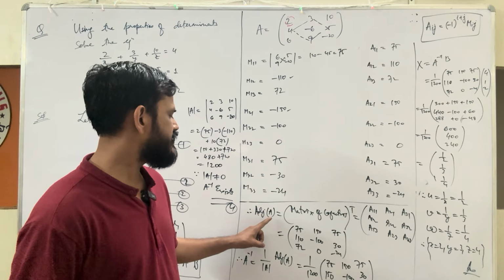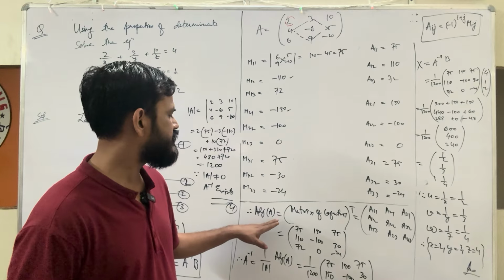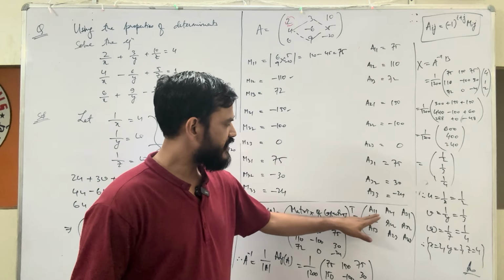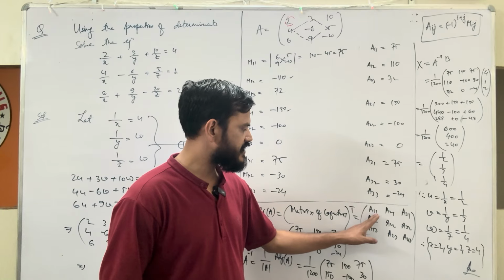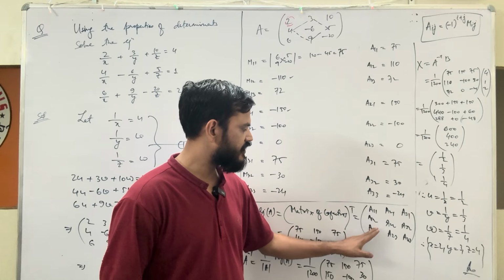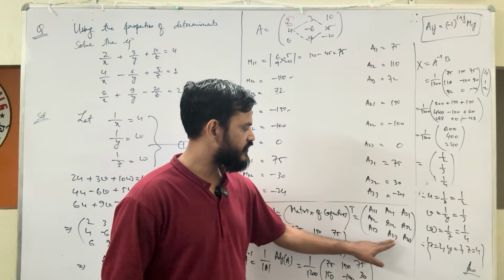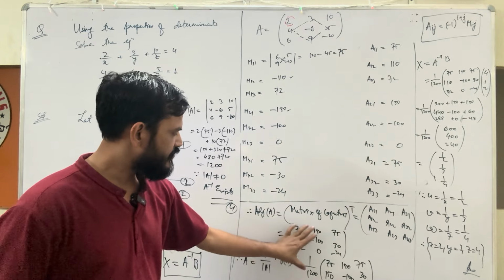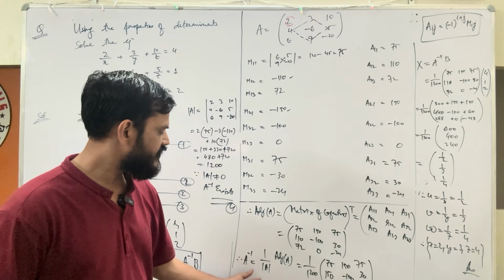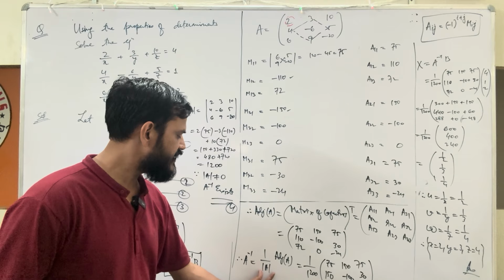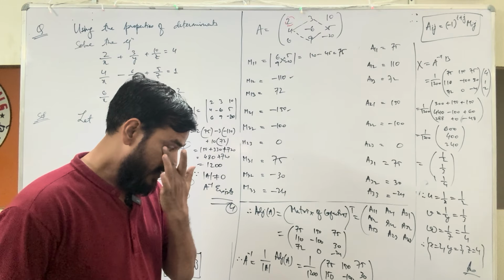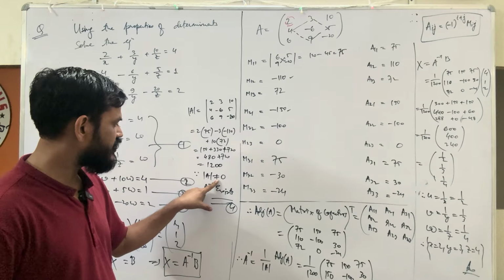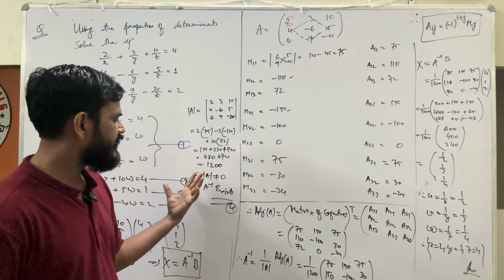So adjoint is found by taking the transpose of the matrix of cofactors. So if you take the transpose, the matrix of cofactors becomes A11, A12, A13, A21, A22, A23, A31, A32, A33. Now we put these values, so our matrix becomes like this, and for finding A inverse, we need to divide by the determinant of A. Now I said, why if determinant of A is 0, we won't find A inverse?